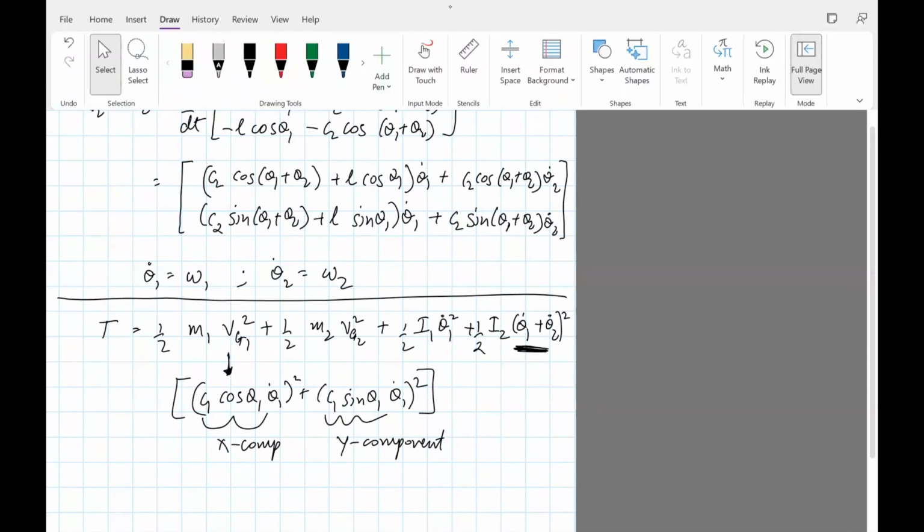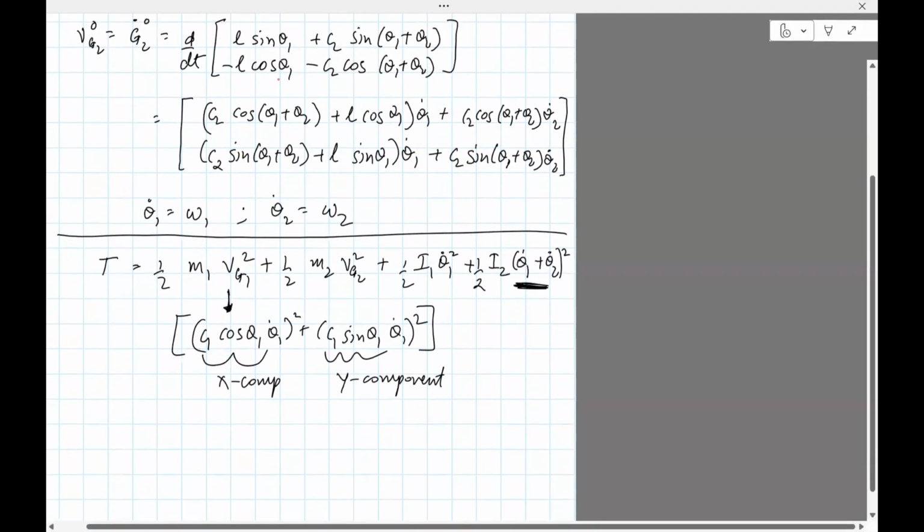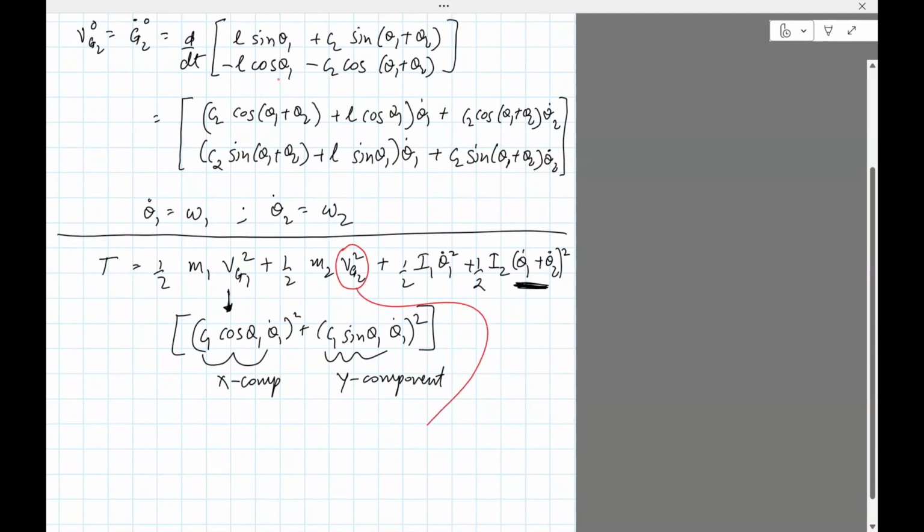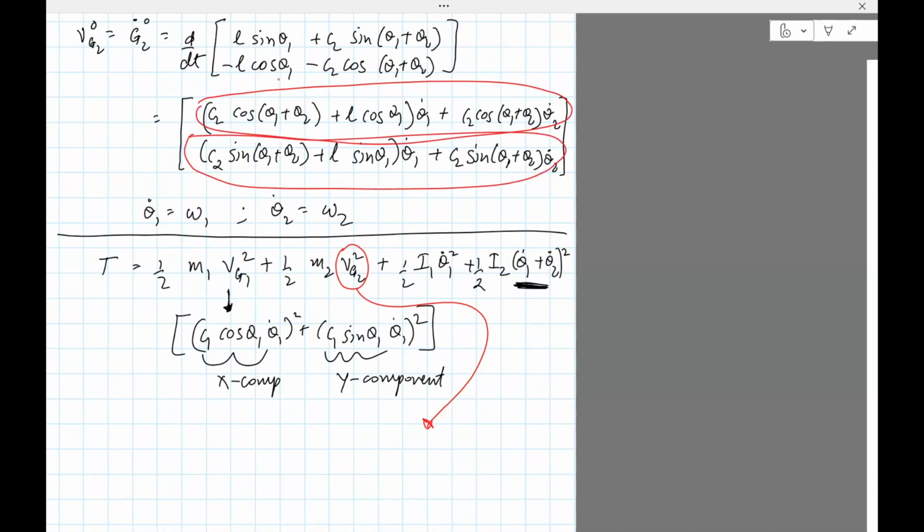Now if you want to do this for VG2, you need to take this whole thing, square it, and this whole thing, square it, and then sum it up. Now that's getting much harder, right?